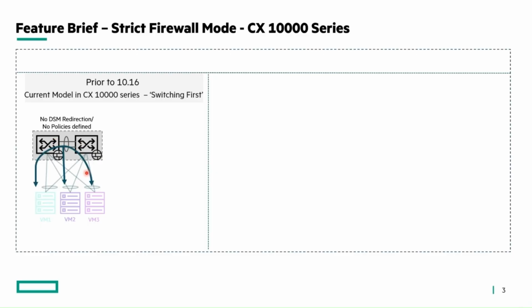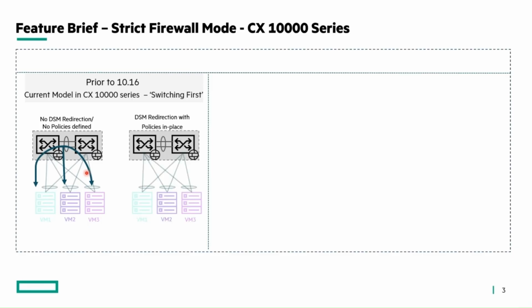But on the 10K, you can do DSM redirection with policies in place, and you can define who should talk to whom. The red one says you're not talking to VM2. So this is today.